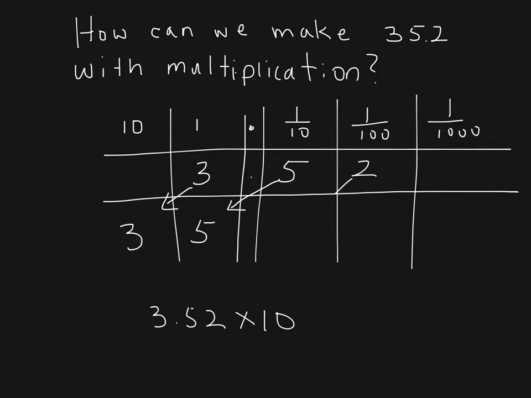And if I multiply 2/100 by 10, I'll get 2/10. So 3 and 52/100 times 10 will equal 35 and 2/10. You may also have thought that you could take 352 thousandths and multiply that by 100, which would be correct. You could also do it that way.